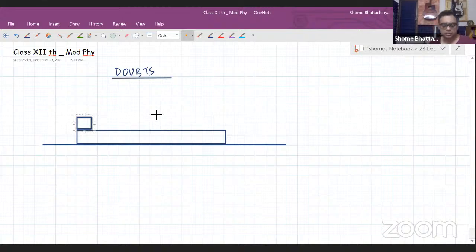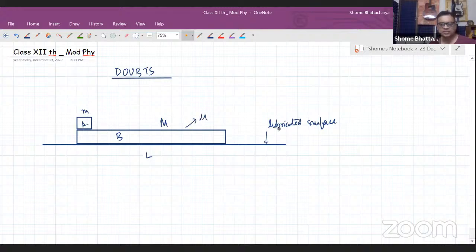Something like this, a two-block system, but the difference is that this block of mass small m is placed on a plank of mass capital M and length L. Now it is placed on a lubricated surface, whereas between these two, the coefficient of friction is mu.